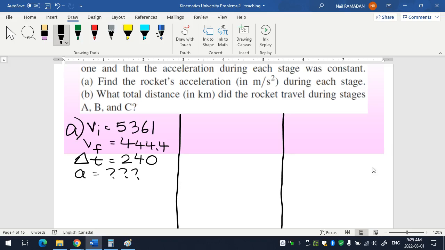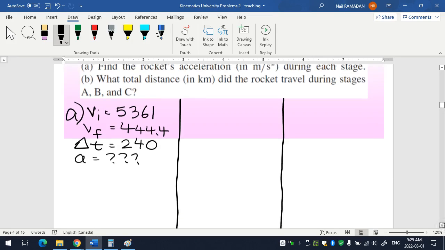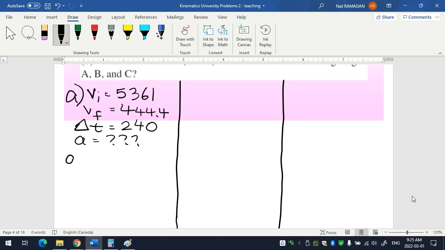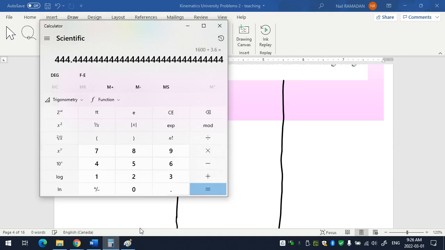What equation does not have distance? The first one, which is actually good for me because A on the left side is equal to all of these combined on the right side. So pure plugging in. Nice. Everyone, let's do it in one shot. A equals 444.4 subtract 5361, all divided by 240 seconds. All right, I'll do it.